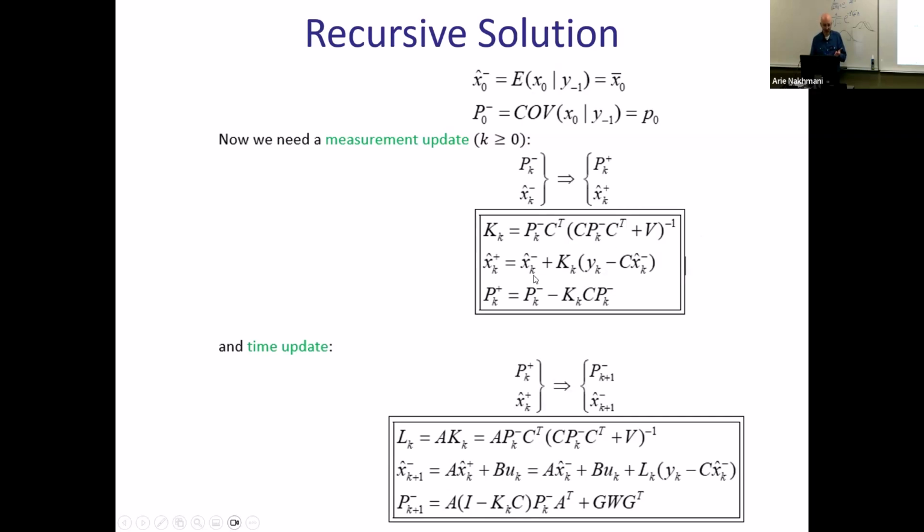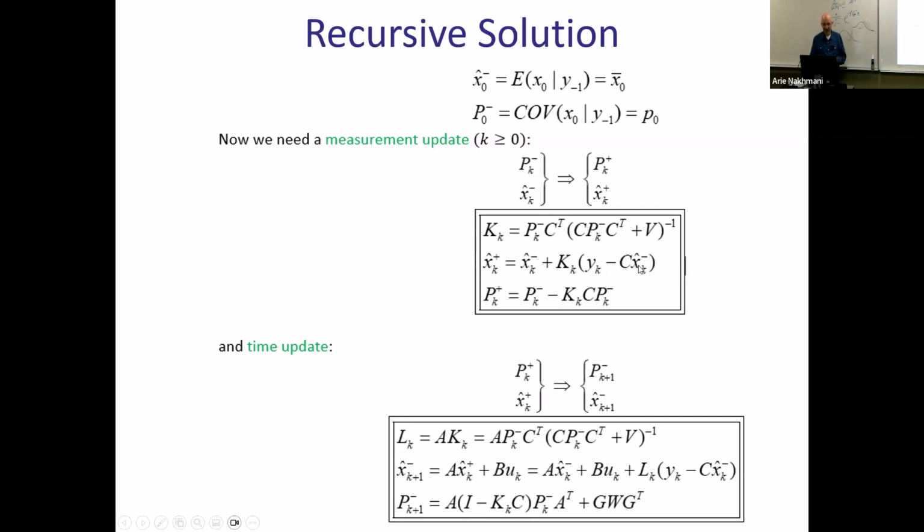For the second one, everything is given as well. This is X0 minus, which you get from your initial state, plus K of K, which you computed here, so it's already computed for 0. Then you have Y of K, the measurement at time 0, the initial measurement that you have. C is the matrix of the system, and X0 minus is also given.